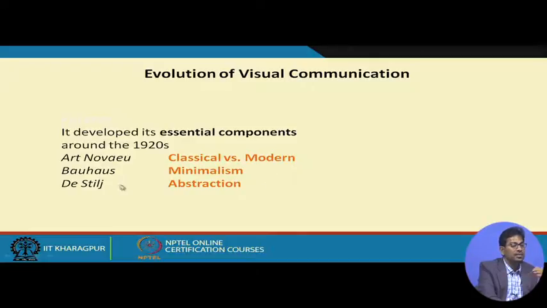And then De Stijl, where abstraction took a major role, and abstraction and looking into the real world, into a different paradigm, all started taking shape. These three aspects form the very basis of modern visual communication. They were setting up the paradigm at this particular stage, developing various elements which are essential for visual communication.